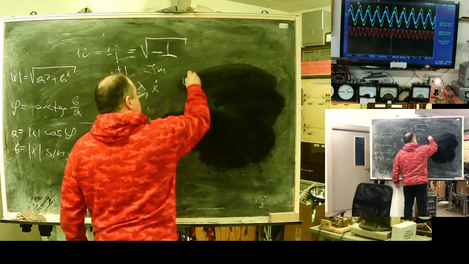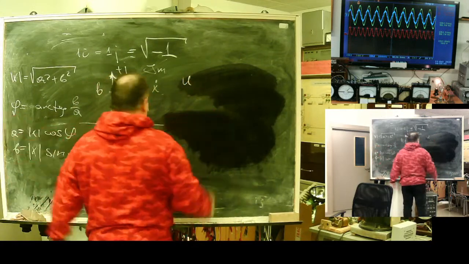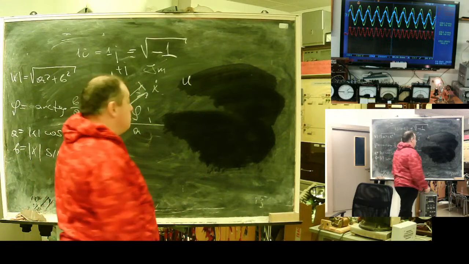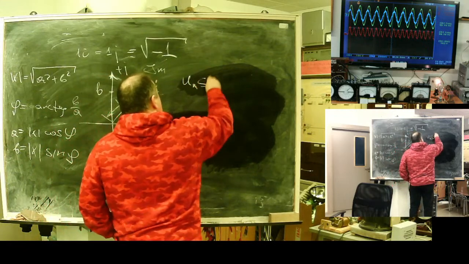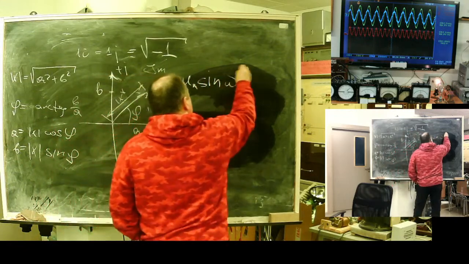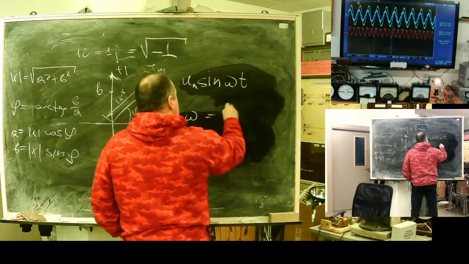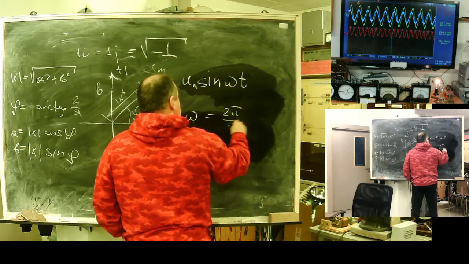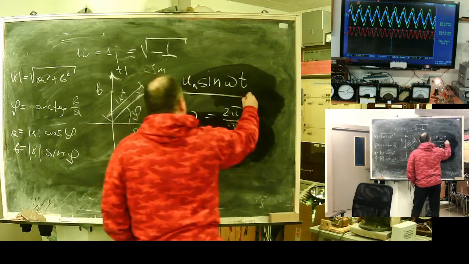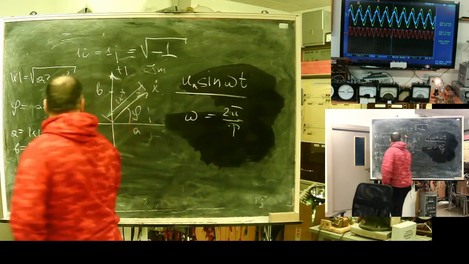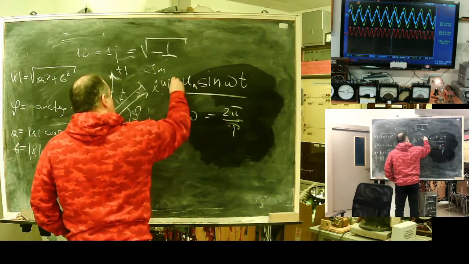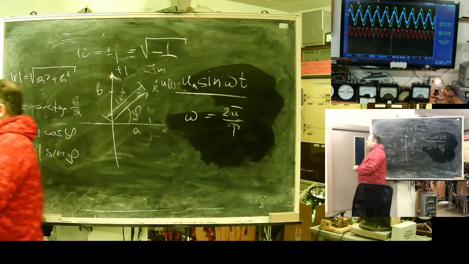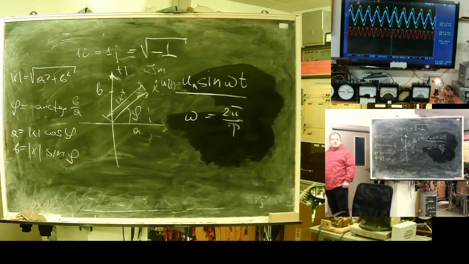In the other case, we see the yellow line: U max sine omega t, where omega is 2 pi divided by the period.